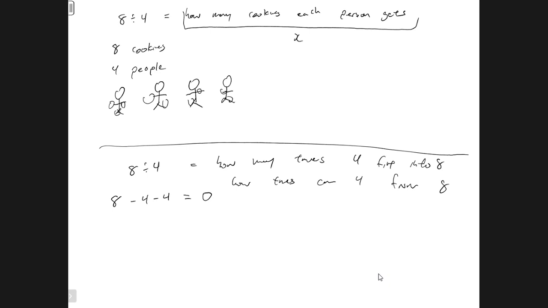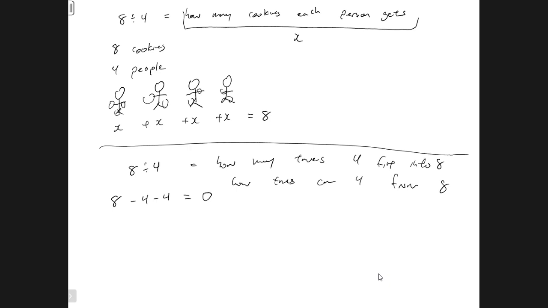So what I do know about x is that x plus x plus x plus x is equal to 8, because there are 4 people in total and each person gets x amount of cookies, and there are 8 cookies, which means that x plus x plus x plus x is equal to 8.